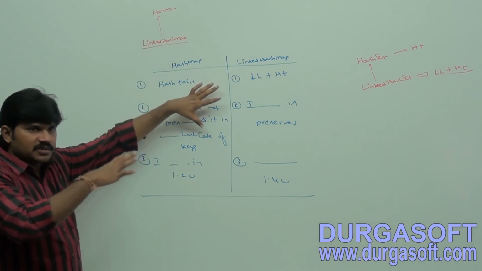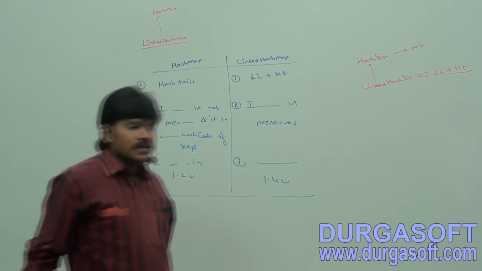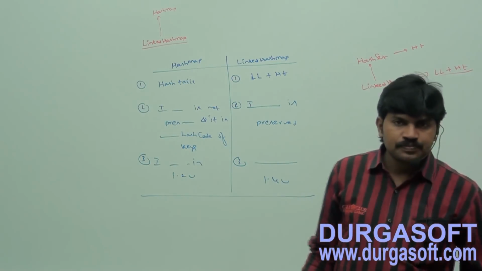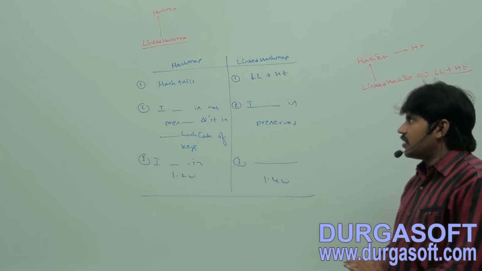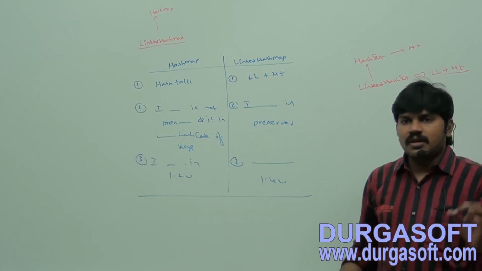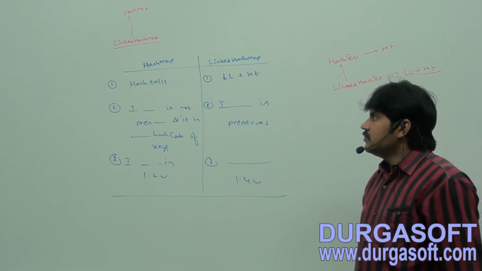Up to this, is it clear? First, add the points. Linked hash map is the child class of hash map.